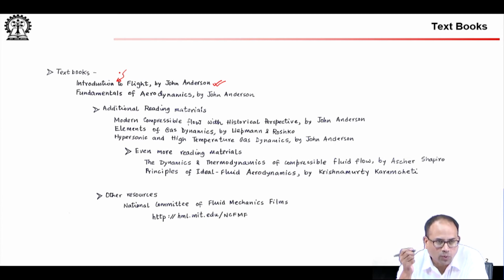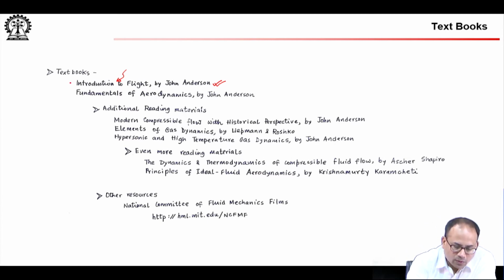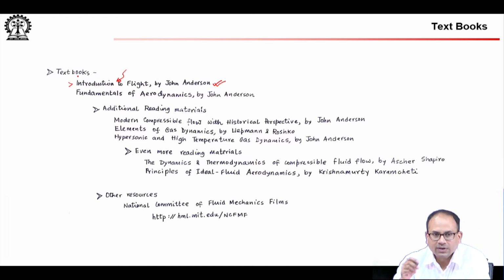So, it is important at this point to read this book to get that kind of grasp of the overall material. In terms of aerodynamics itself, Fundamentals of Aerodynamics is the book for this course.